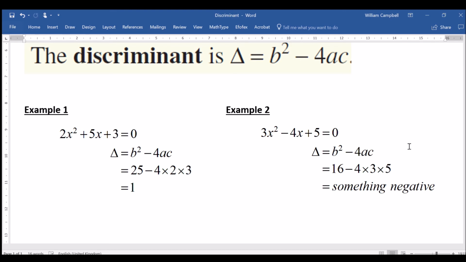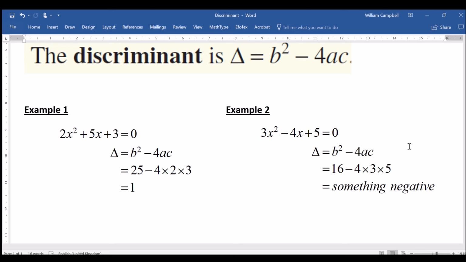But in example 2, the discriminant, when we figure it out, gives something negative. I don't really care what it is, it's just a negative number. And because it gives something negative, we've got the square root of a negative number, we can't do that. We don't get any real answers to that problem.